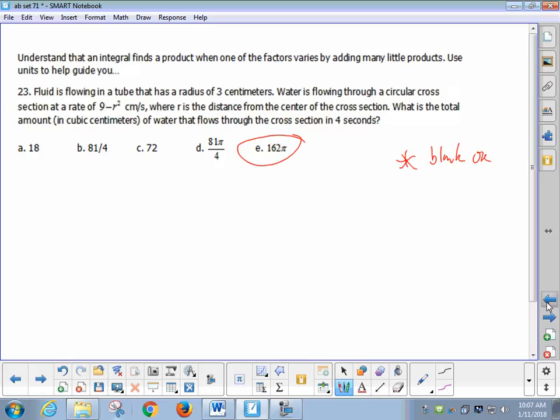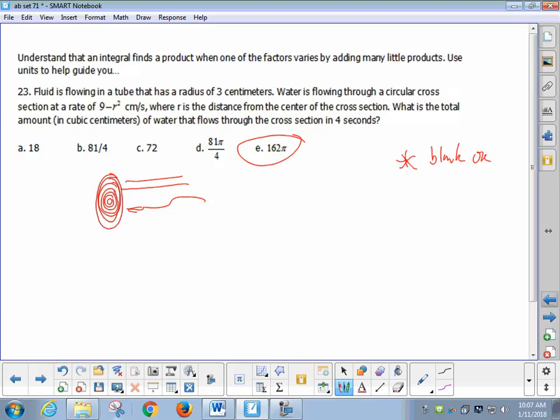The idea goes something like this. In this cross section, there's fluid flowing through. Depending on how far out from the center you are, I don't know if it's because of viscosity or what, but water flows more quickly through the center than it does towards the outside.